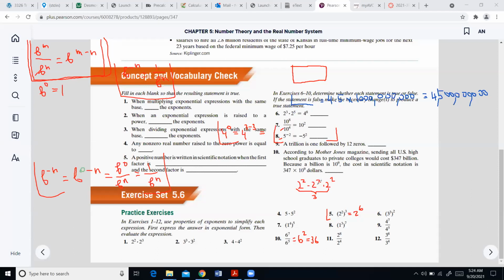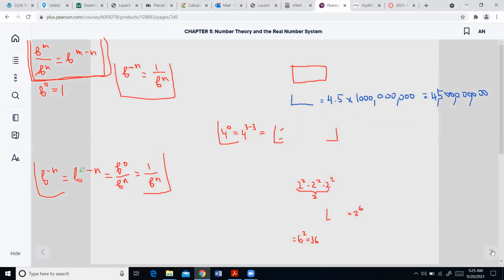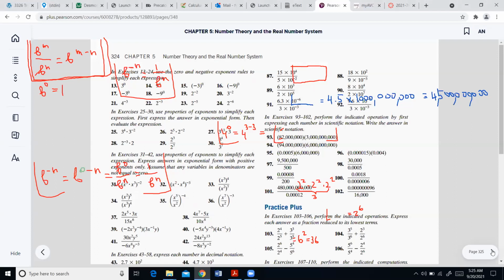So when I multiply these 3 exact same powers, I add 2 and 2 and 2, and I get 6. So 2 to the power of 6. Usually those big powers we don't calculate. We calculate squares, but not 6th powers or bigger powers. So the next page continues with more exercises that deal with exponents.